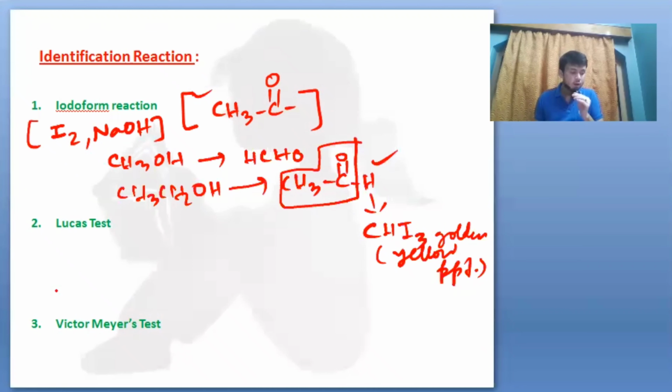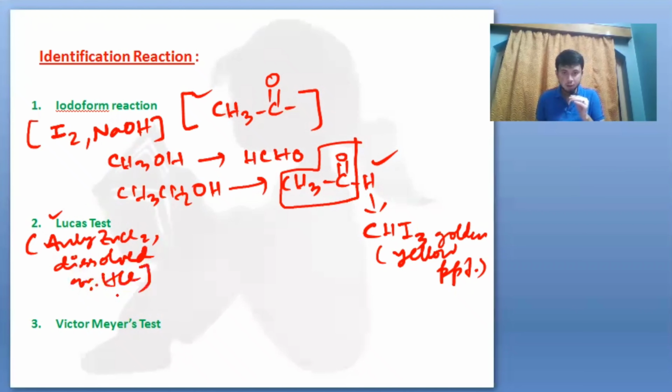Okay. Now there is another test for differentiating 3, 2, and 1 degree alcohol. What is that? That is our Lucas test. In the Lucas test we have anhydrous ZnCl2 dissolved in concentrated HCl.